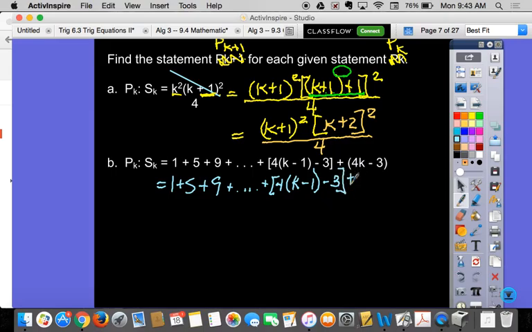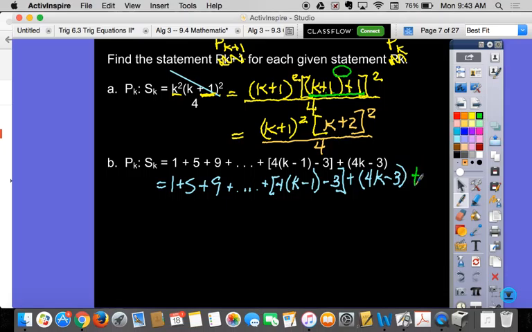This term is what it is. What you're trying to do is create the next term in the sequence. So all of these exist.